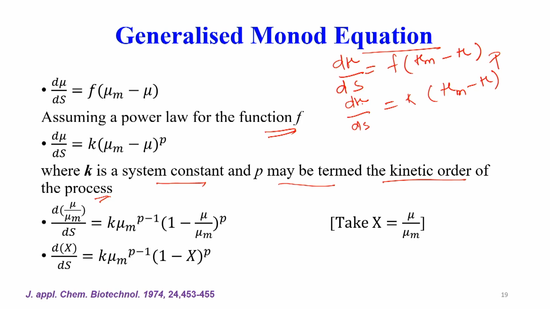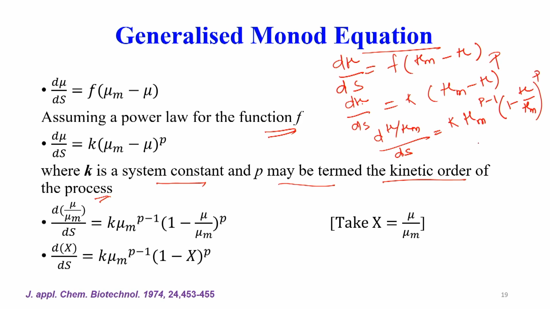Now, we can rearrange this equation, taking mu max common here, so this will be d(mu upon mu max) upon ds equals k mu max to the power p minus 1 into (1 minus mu upon mu max) to the power p.